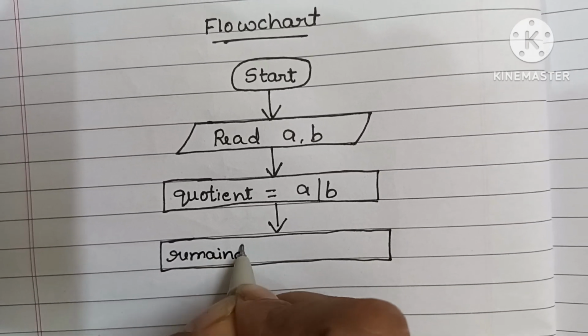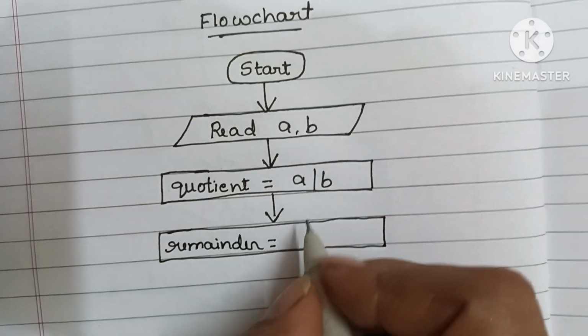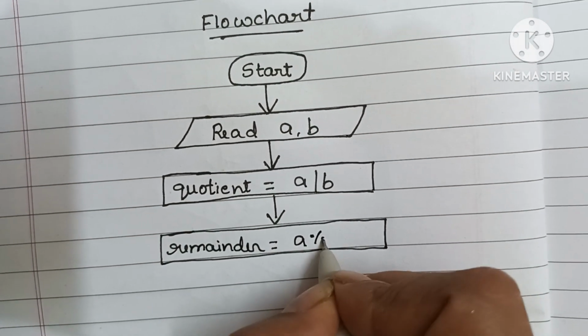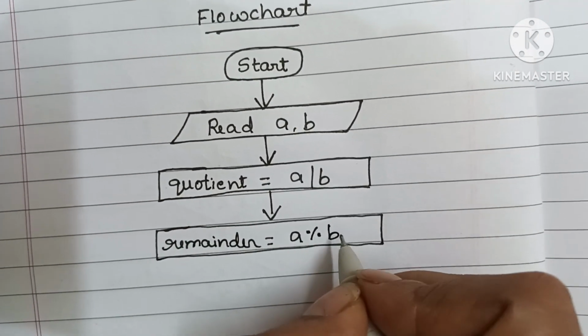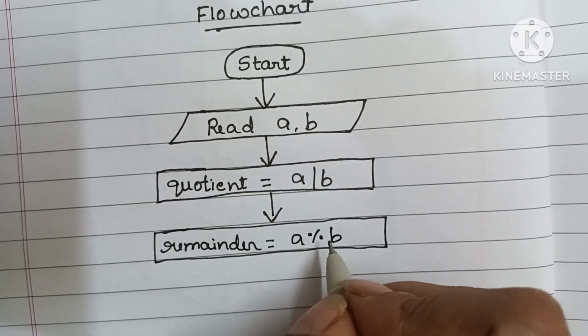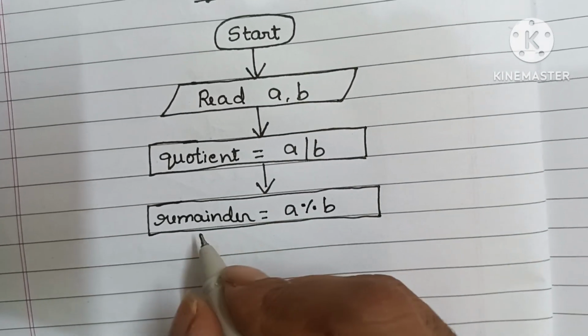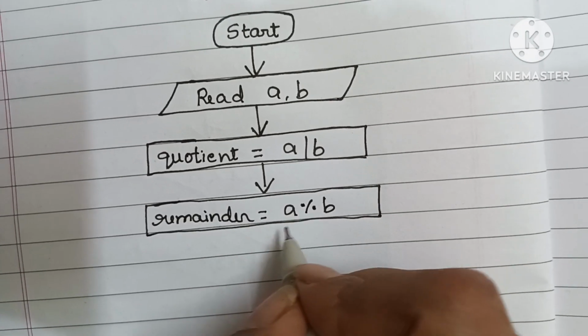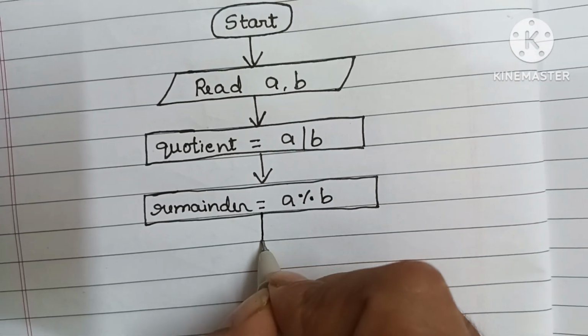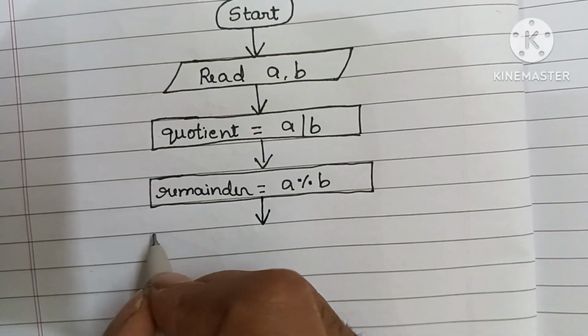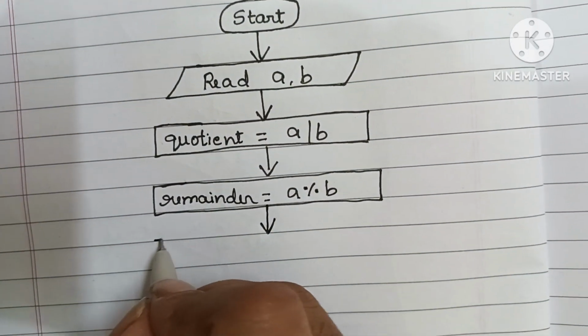Remainder is equal to A modulo division by B. A modulo division by B returns the remainder. So here we have to write the formula, remainder is equal to A modulo B. Next we have to print quotient and remainder, right?